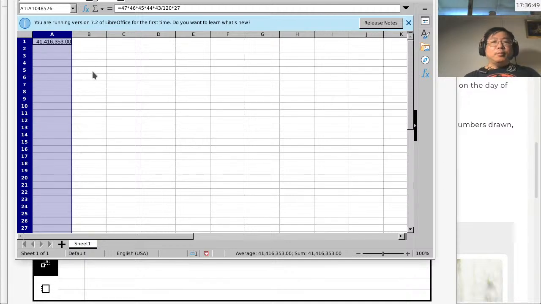So now you might think, if the jackpot is $42 million, then it's worth it to buy a lotto ticket, right? Because the chances of you winning the lotto is 1 in 41 million something. But if you do win, then you have a jackpot amount of $42 million.